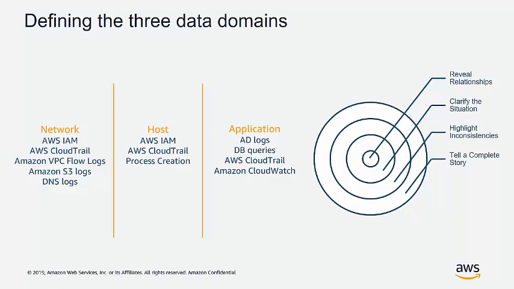I like to think about this data in 3 different domains: network, host, and application. I think everybody kind of understands that, but in the cloud, that blend is a bit of a gray area. So network data really refers to the things that are actually transmitted over the wire. Although it can include full packet capture, it's typically more observable events on the network, like network sessions, HTTP transactions, file transfers.